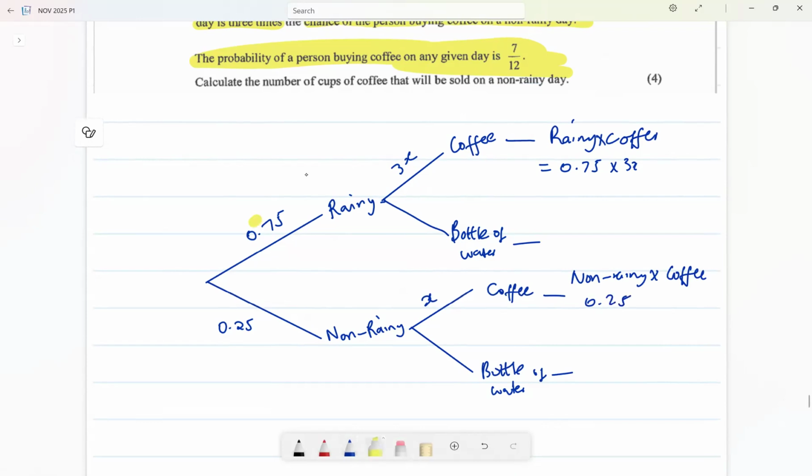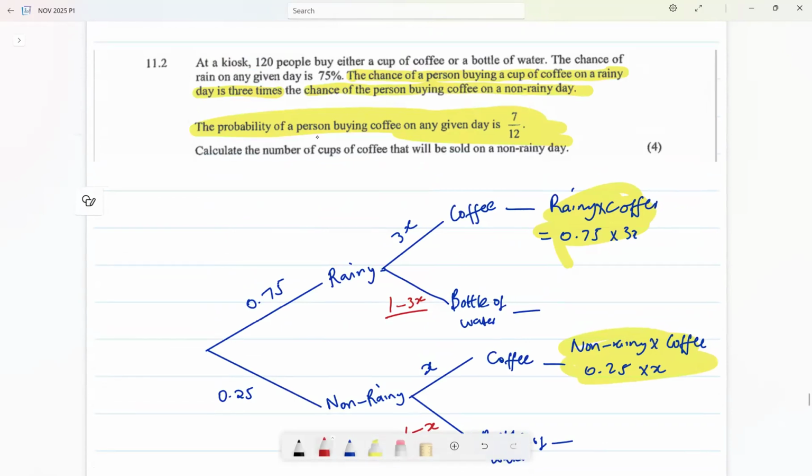Can you see where I take them? This multiplied by that, similarly this multiplied by this. So these are my possible outcomes. If you were interested in the others, you would just say 1 minus 3x, and 1 minus x. This is how we would have done it.